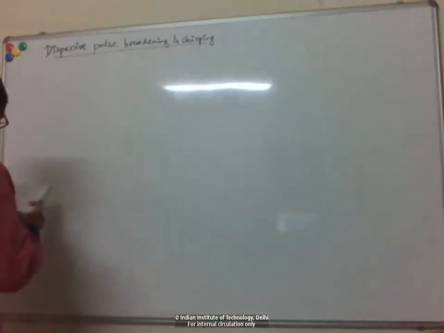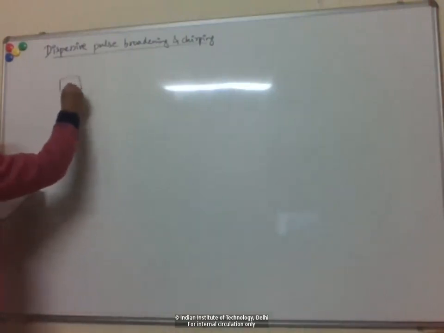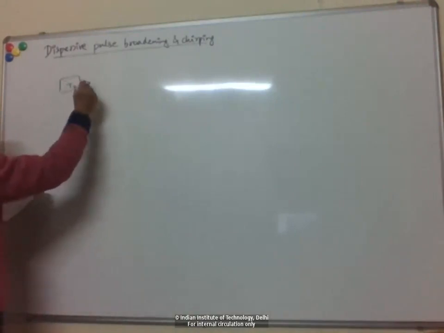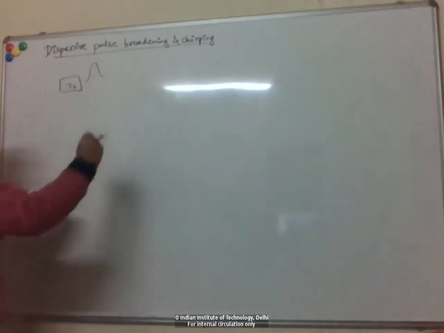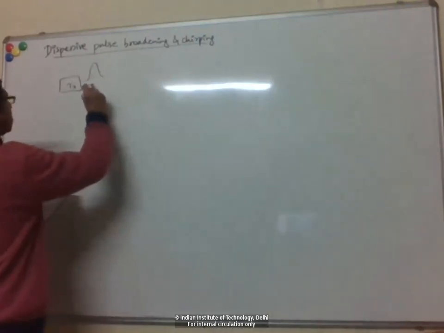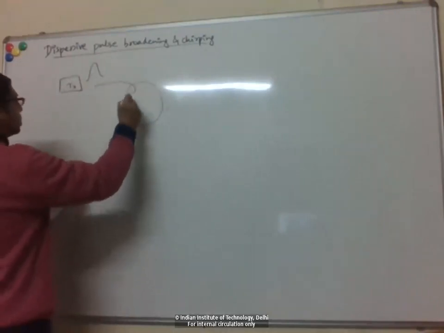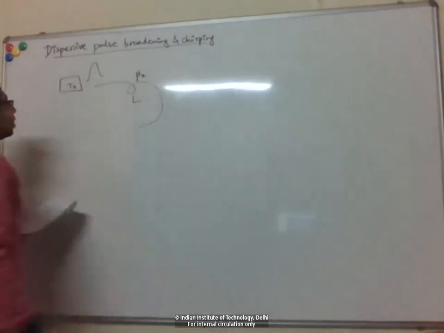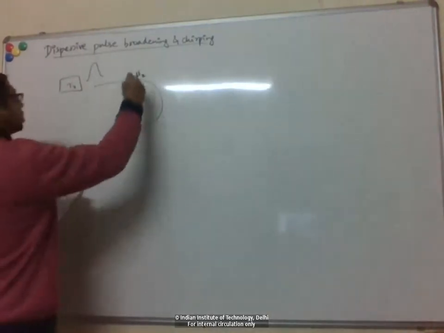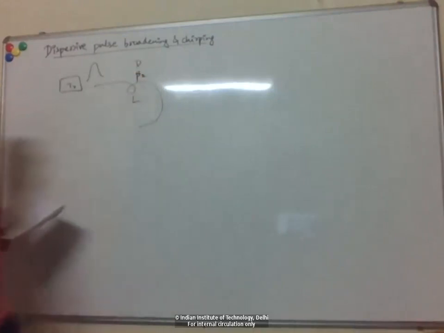Right, so recall, typically, let's say right at the transmitter end, we will start out with some pulse here, and then we send it through some optical fiber of length L. So this could have, let's say, a GVD coefficient beta 2, right? Or equivalently, the dispersion parameter D, right?